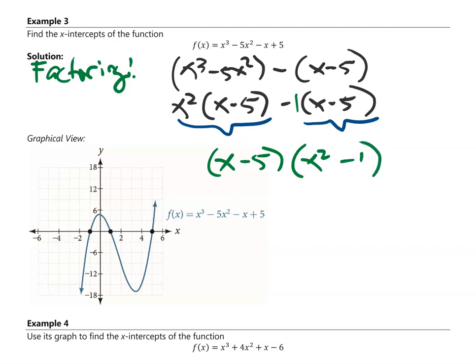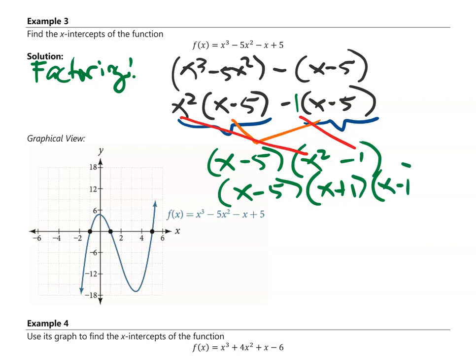So look at this, I factored out x minus 5, and then I have here x squared and negative 1. But still x squared minus 1 is factorable. Difference of two squares. So that is x plus 1 and x minus 1.